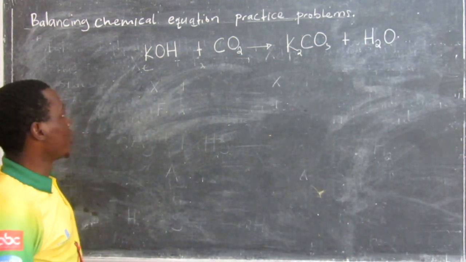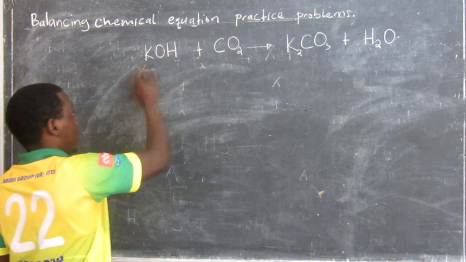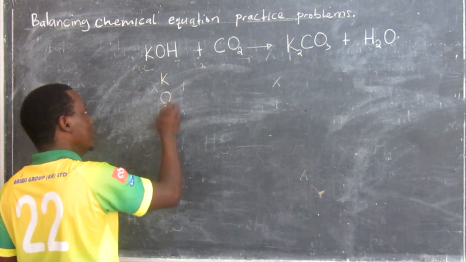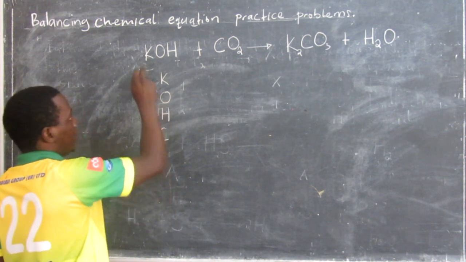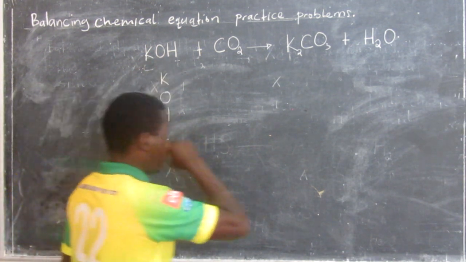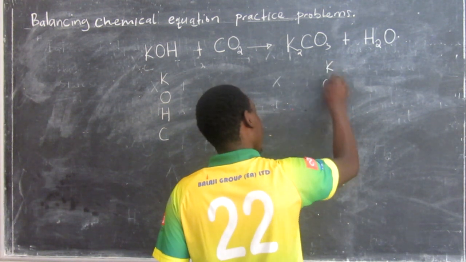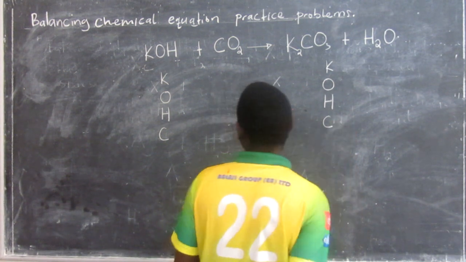Okay, in this case, we need to write the elements present on both sides. We have potassium on this side, we have oxygen, we have hydrogen, and we have carbon. Potassium, oxygen, hydrogen, carbon. This side we have the same elements: potassium, oxygen, hydrogen, and carbon.